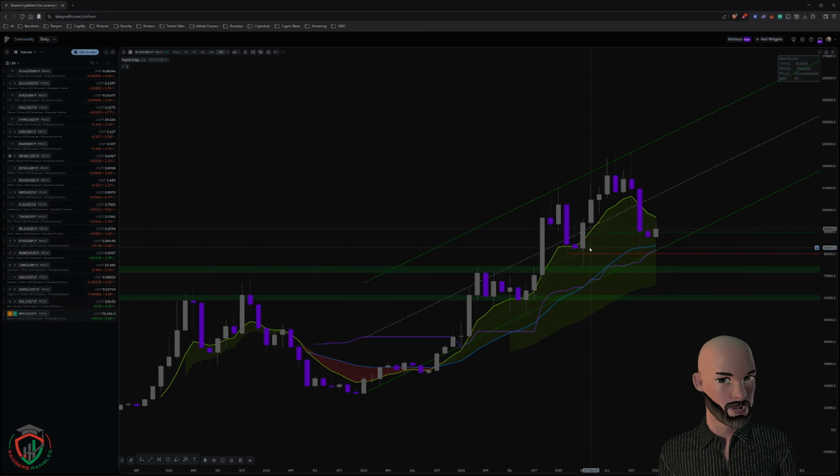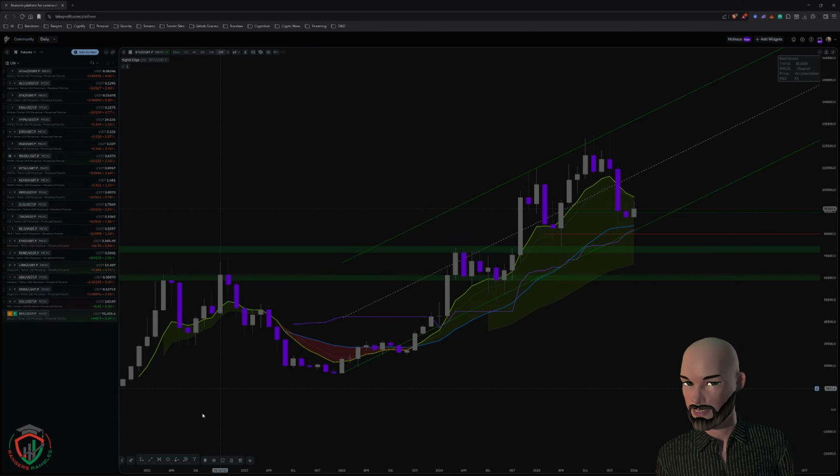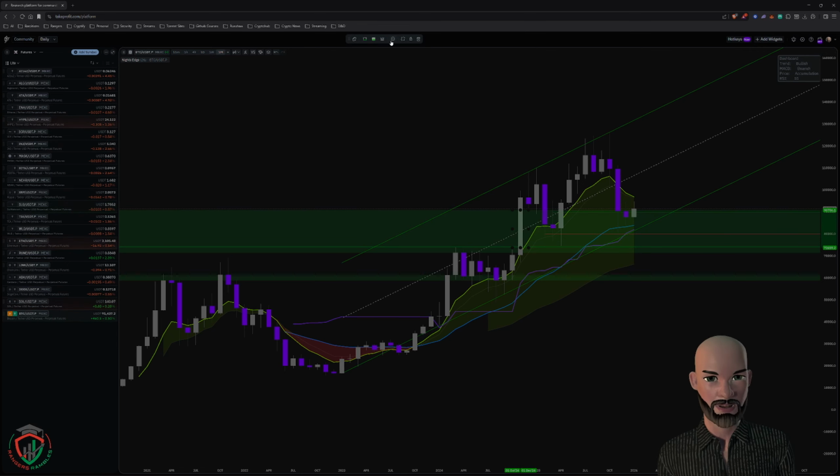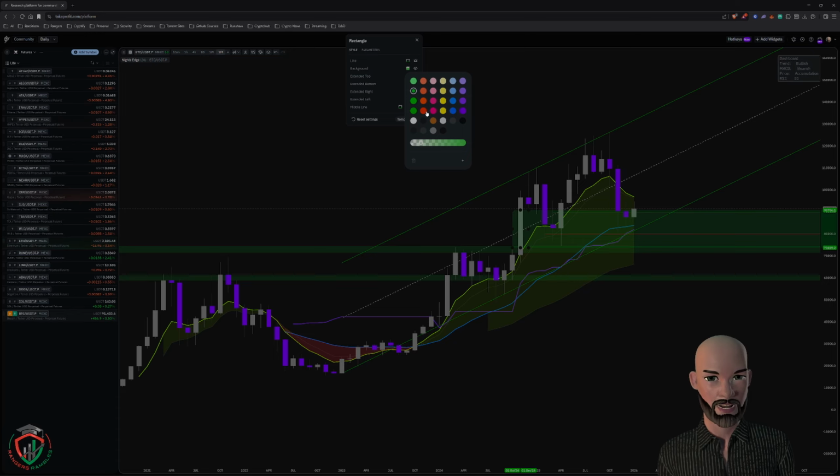So here it's actually quite interesting because we're looking historically here. From here to here. We want to extend it to the right. I want to change the background to, let's have a look, what color should we have?